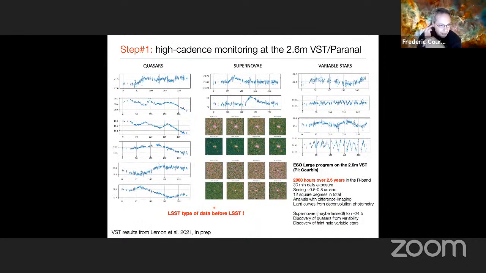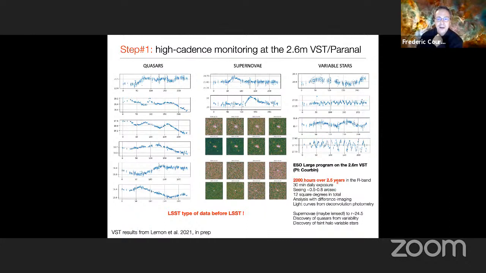Something else I wanted to show is a program we have at the VST to do, in fact, the same, except that now the field of view is 1 square degree, and the telescope is 2.6 meter, and it's in Chile. So we got the program to observe 12 fields, so 12 lenses, which is also 12 square degrees. The total program is 2,000 hours of telescope over 2.5 years.